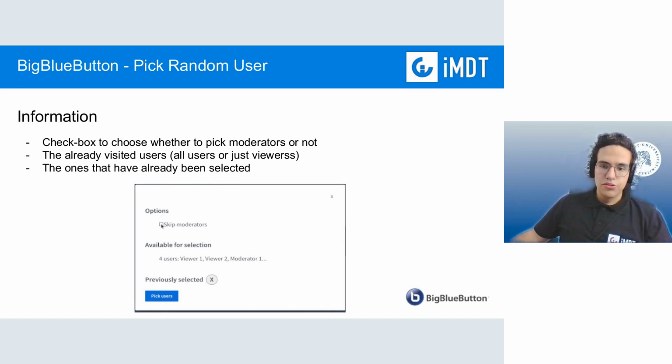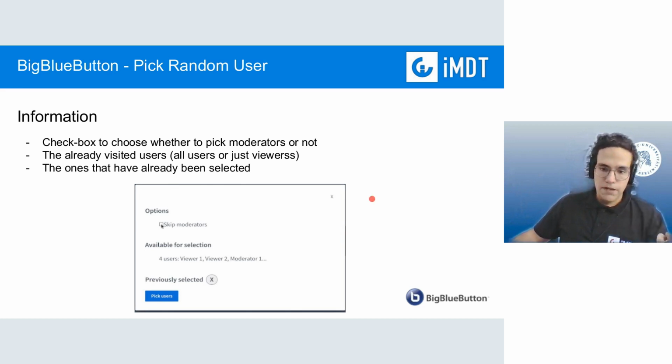There is a checkbox to choose whether to pick the moderators or not. So we can choose to pick all the users in the meeting or just the viewers, as I'm going to show in the demonstration later on. We have some information about the already visited users.